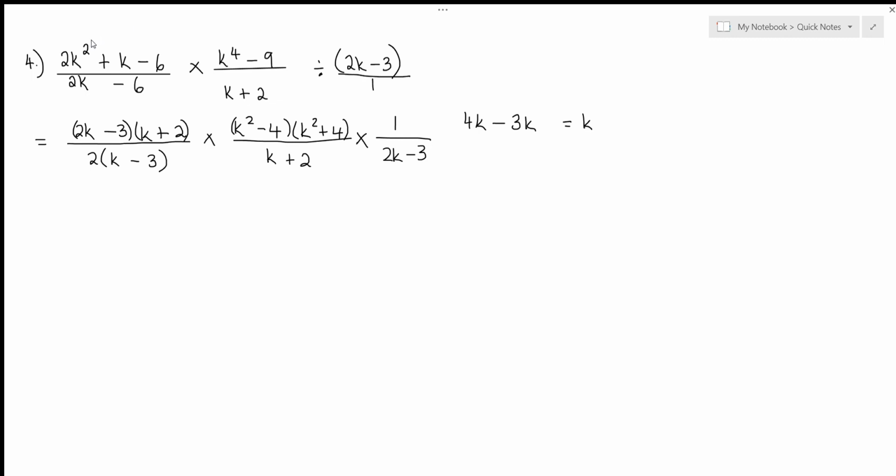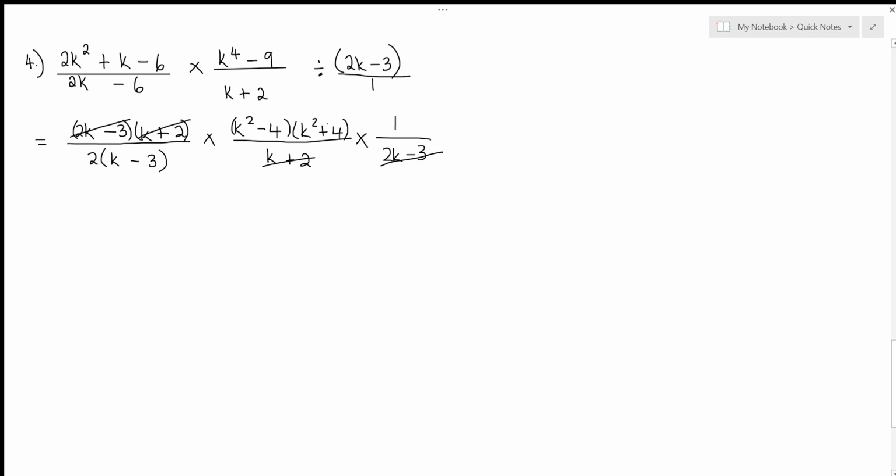Now we're going to look at, do I have similar factors that I can cancel? Let's have a look. Here 2k minus 3 will cancel out with 2k minus 3. k plus 2 will cancel out with k plus 2.